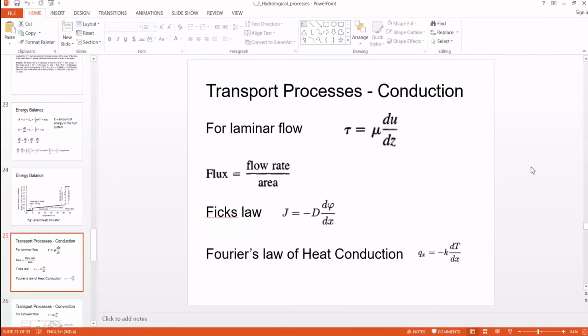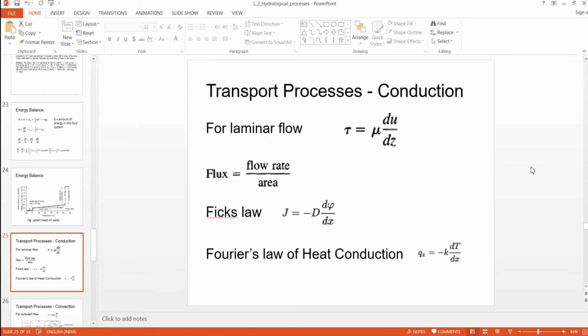When heat energy is transferred from one location to another, the transportation takes place in three ways. The first one is conduction, then convection, and the third one is radiation. How does energy transport take place in conduction?